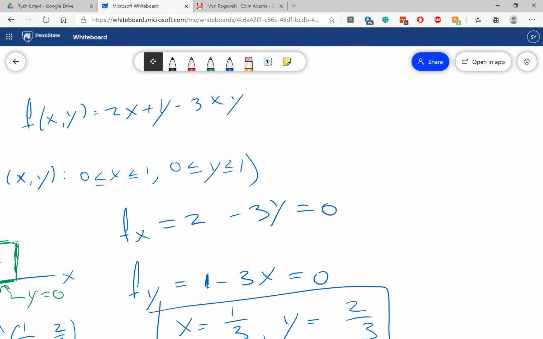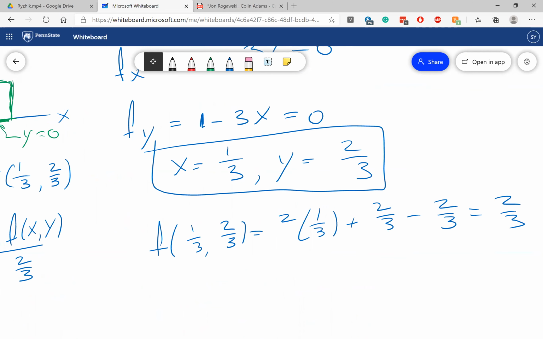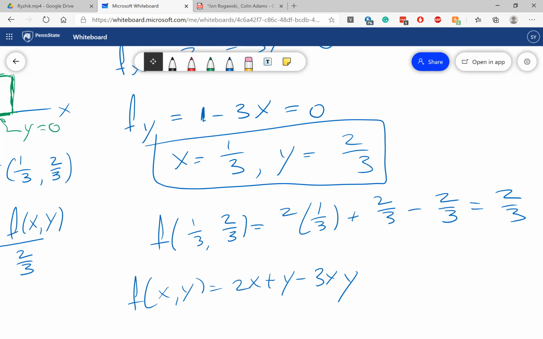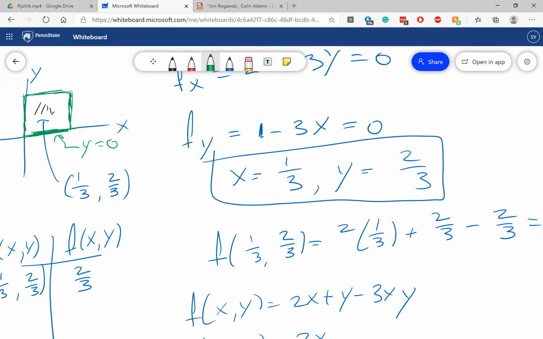So let me rewrite it. f of x, y is equal to 2x plus y minus 3xy. Then we can plug in a 0 for our y, and we get f of x, 0 is equal to 2x. And this is how the function looks on this boundary, because y is 0 over here.